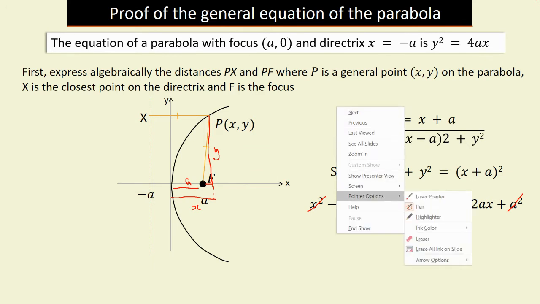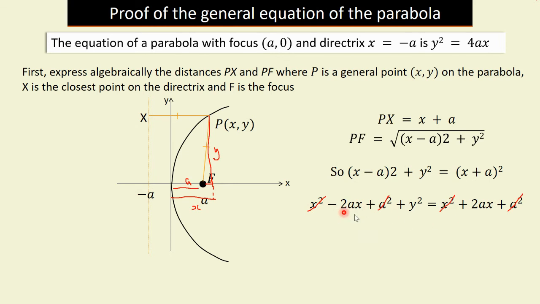Something that's actually quite close to where we want to go. Minus 2ax plus y squared is 2ax. If I add 2ax onto both sides, I'll get left with y squared equals 4ax. And we're done. So we've started with the focus-directrix property, and we've managed to get to our form for the general equation of a parabola.